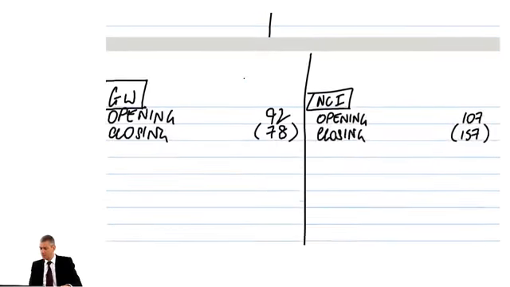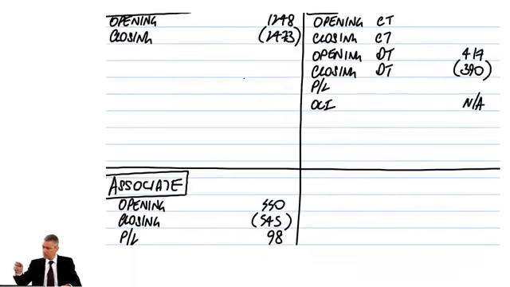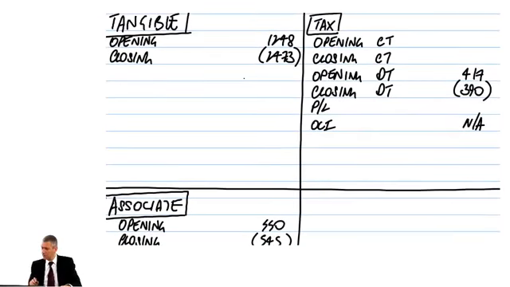Okie doke. And then the tax charge goes into the tax working. I'll just bring that up so you can see the title. And what does the tax charge do to the tax liability? The current tax charge in the P&L makes the liability bigger. The same is true for an OCI charge, although there isn't an OCI charge in this question because it predates the OCI.